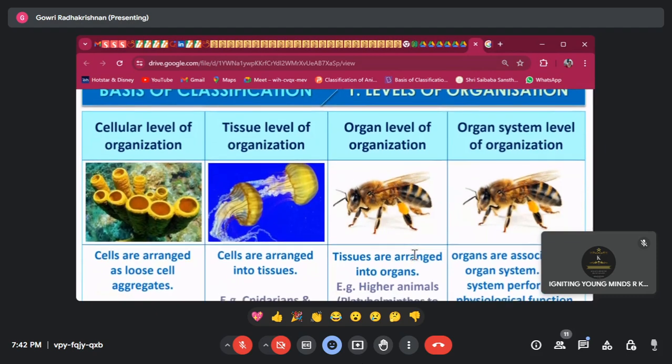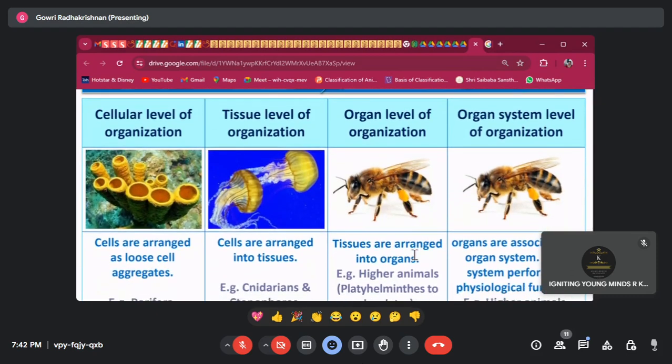The lowest is the cellular level of organization. You can see this in sponges. They are arranged as loose cell aggregates. And the tissue level of organization you can see in jellyfish kind of organisms.